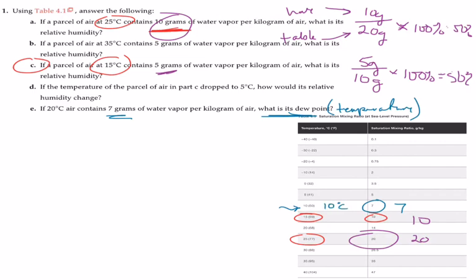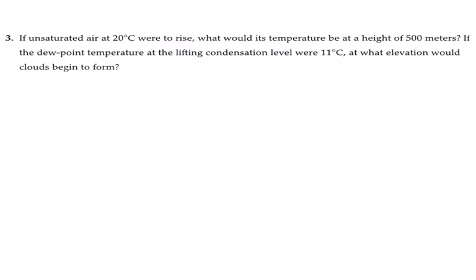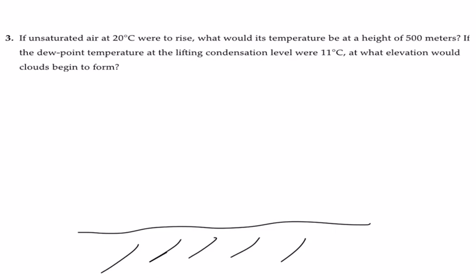All right, let's take a look at the last one. My hint was to draw a picture. This basically looks like the ground. And remember, we looked at a lot of chunks of air rising.